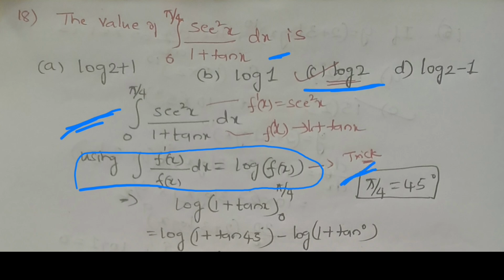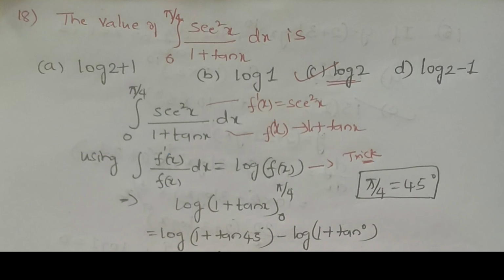So here 1 plus tan x, if you differentiate this, the derivative of tan x is secant square x. That's why we differentiated it. So here f x is equal to 1 plus tan x, and f dash is equal to secant square x, which is the differentiation. Tan pi by 4 is 45 degrees.